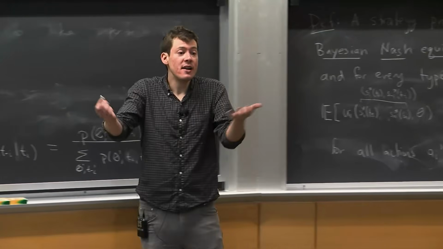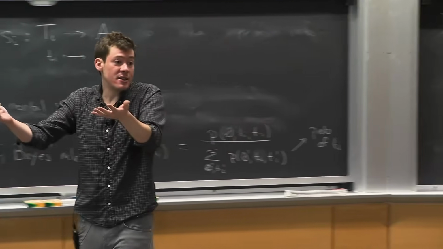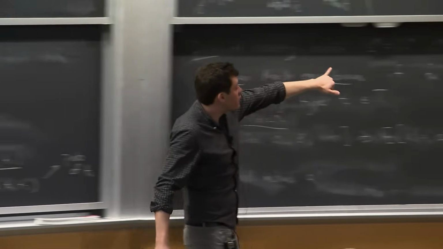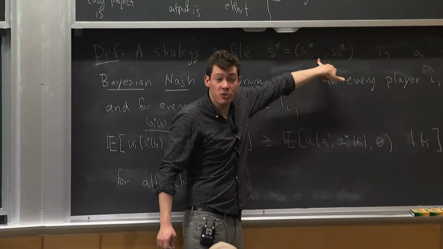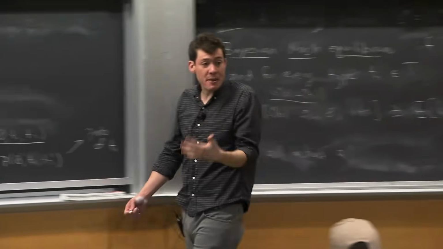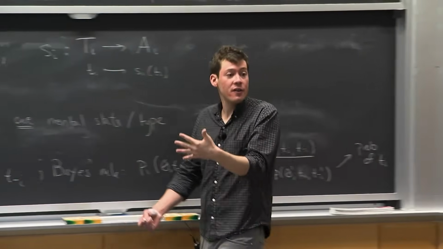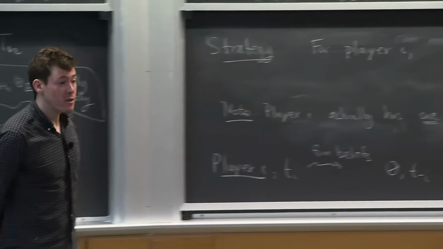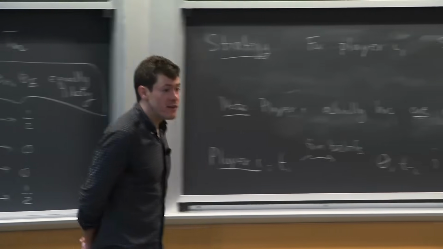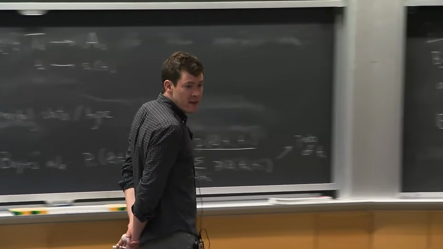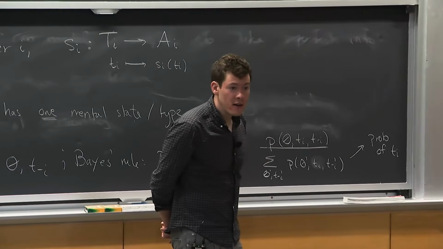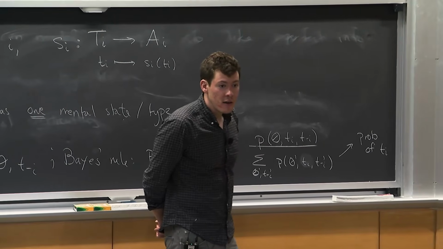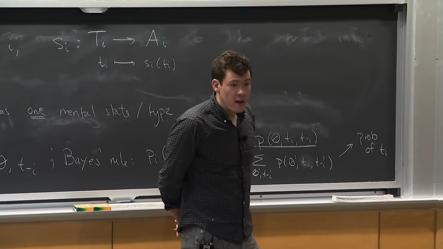Just knowing that the other player's mental state is T2 prime doesn't tell me much, but in equilibrium, I correctly anticipate that they're using the strategy S2 star, so I can anticipate that the action they take is S2 star of T2 prime, and that gives me information. Any other questions? Yes? Know that if another player has, for example, type T2, then they're going to do this action. Yes, we know that for sure.